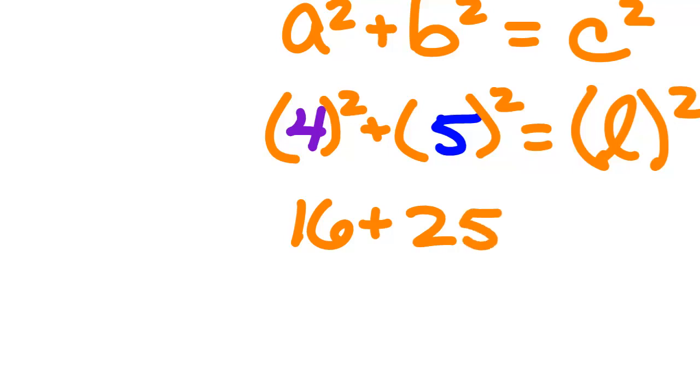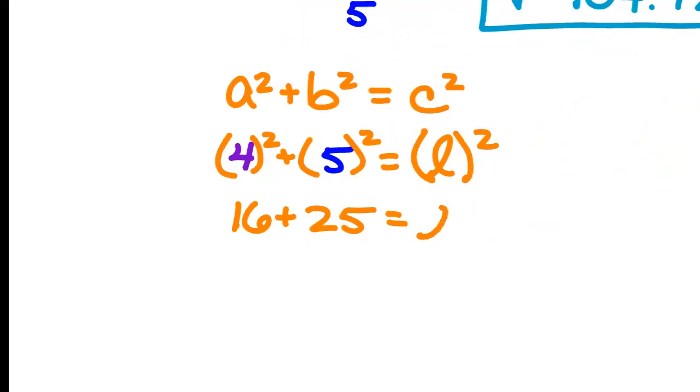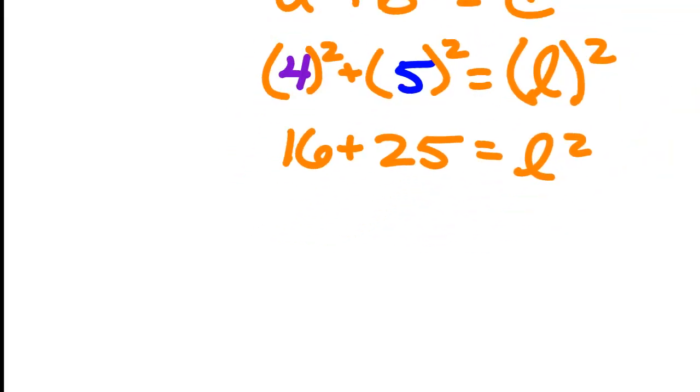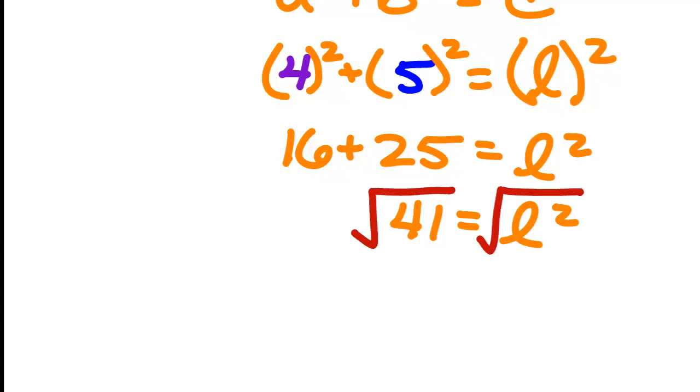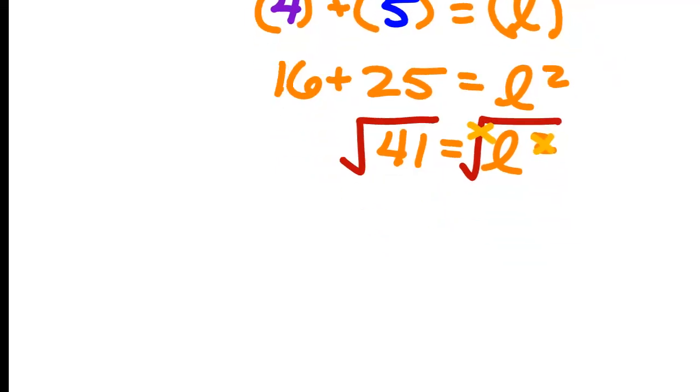So 16 plus 25 equals slant height squared. What is 16 plus 25? 41 equals slant height squared. Take a square root of both sides. Is the square root of 41 a nice, pretty number? Nope. So let's go ahead and just leave it in its exact form, square root of 41.